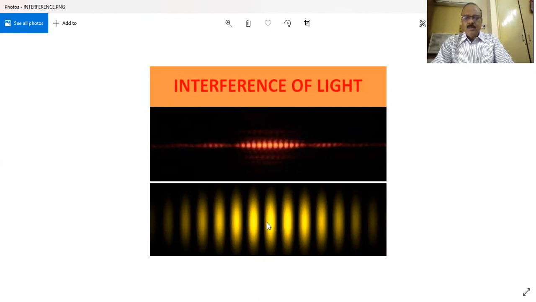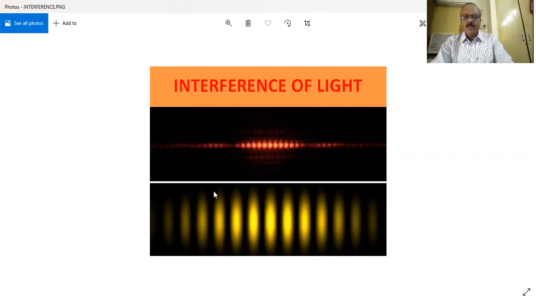Practically, where constructive interference takes place, the brightness increases above the normal brightness, and at the dark points, the brightness decreases to a minimum, maybe completely dark. It is due to the redistribution of light energy. There is no creation or destruction of light energy due to interference, only redistribution of the light energy.